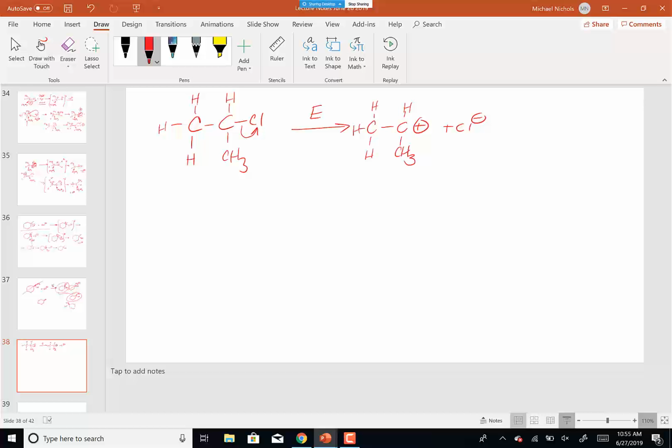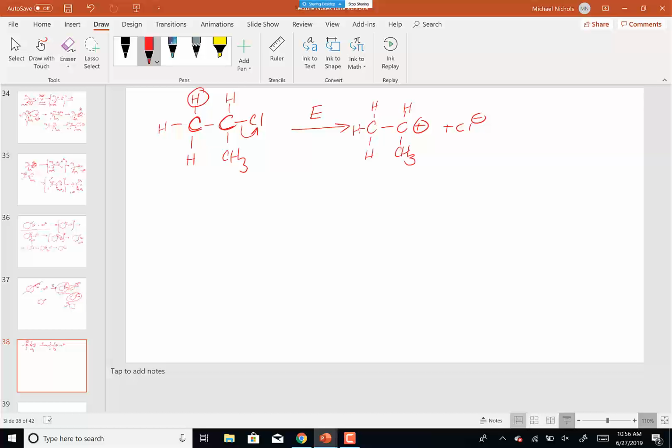Well, here's what can happen. I can lose an H plus from the carbon that's attached to the carbon with the plus charge, to the carbocation. So I can lose a hydrogen attached to the carbon with the leaving group.